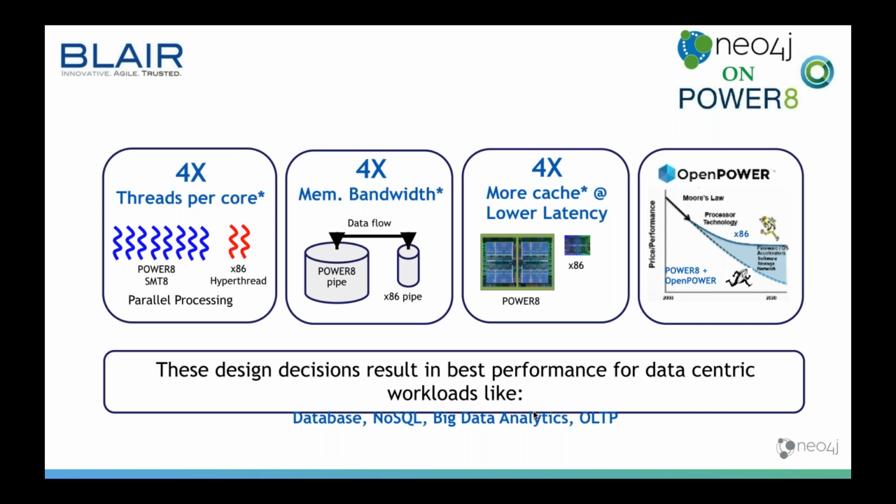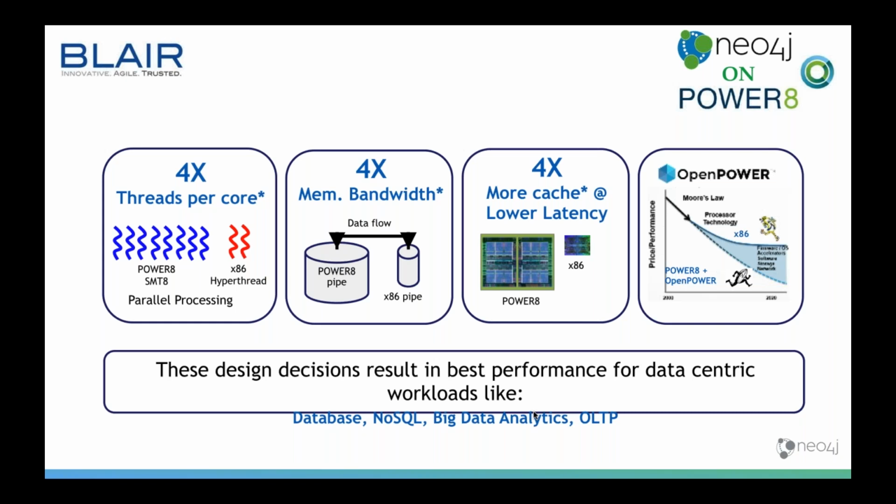IBM Power is really that hardware platform that is focused and can be optimized on Linux, with Neo4j being the open environment here. The Linux environment is something that we need to take advantage of.